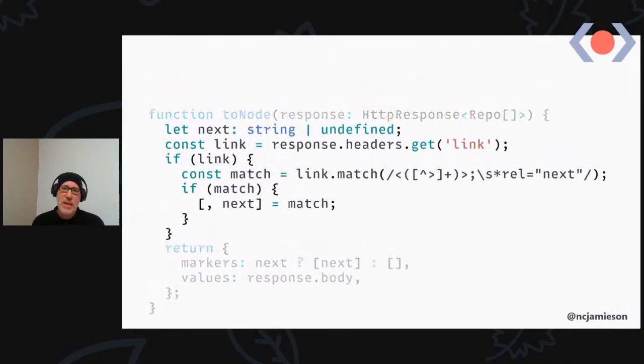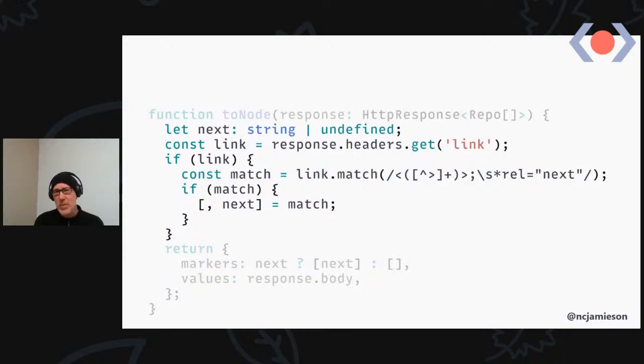It takes an HTTP response, that's the one we receive from GitHub, and it does two things. The first thing it does is it looks through the headers. It finds the link header, because that's how GitHub's API handles pagination. You'll receive a response. The response has a link header, and that link contains two URLs.